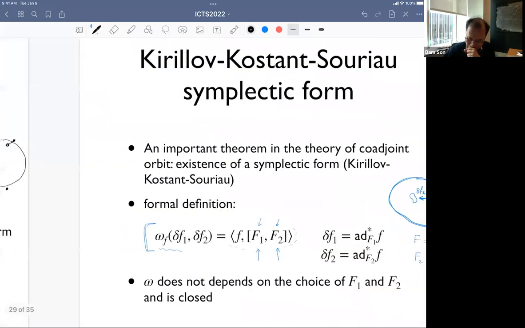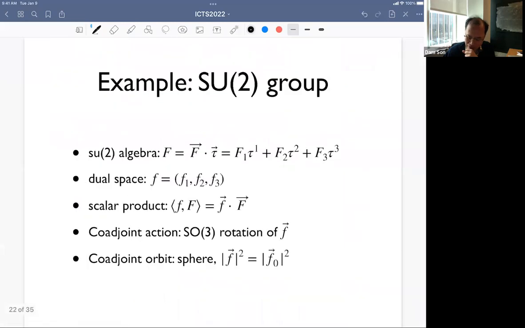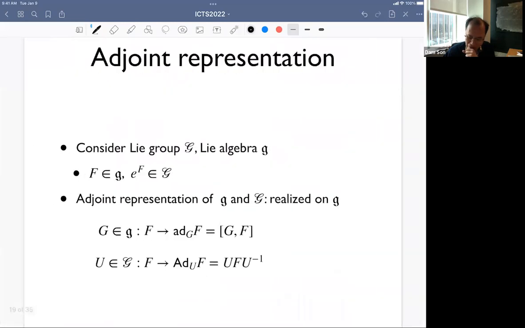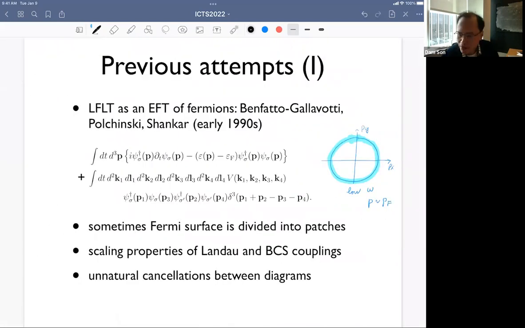In the approach of Polchinski and Shankar, and Benfatto and Gallavotti before that, we are trying to formulate a theory where the degrees of freedom are the fermionic operators.